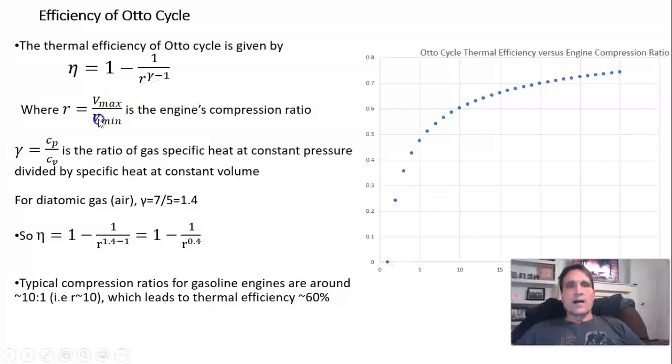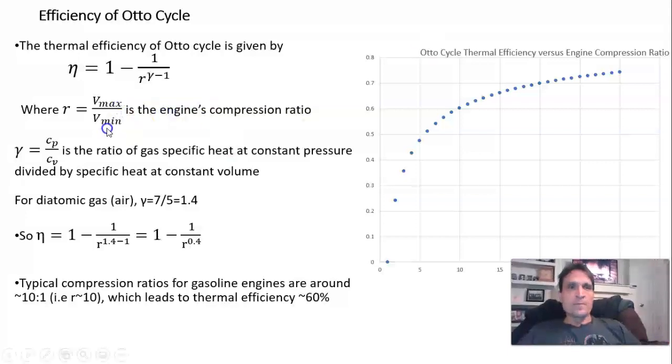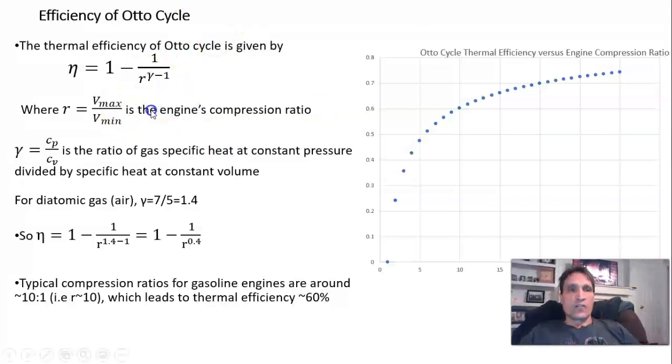Now, R is what's called the engine's compression ratio. It's the ratio of the maximum volume when the piston opens up fully, divided by the minimum volume of the cylinder when the piston fully compresses the gas. So this ratio is called a compression ratio.